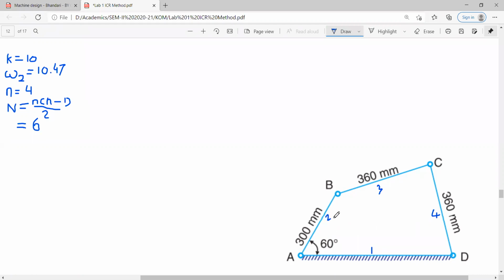You know that at the connection of 2 links, where the 2 links are joined, one ICR lies there. So at point A, link 1 and 2 are there, so one ICR will be there, that is ICR 1, 2.